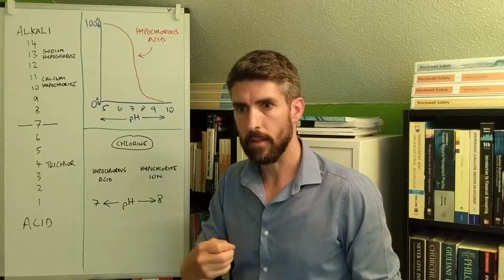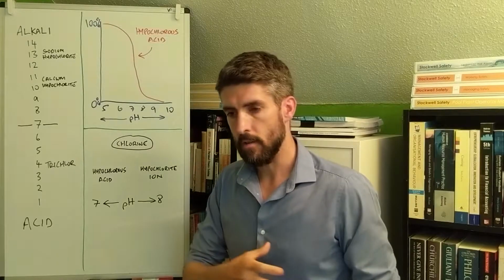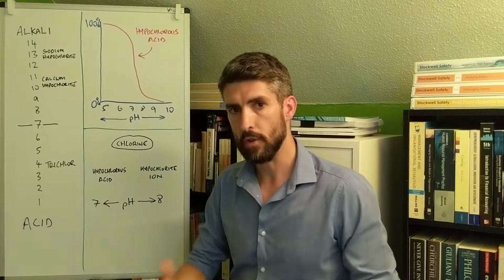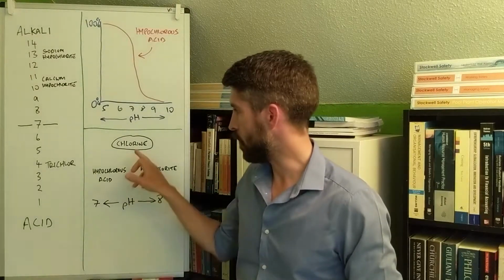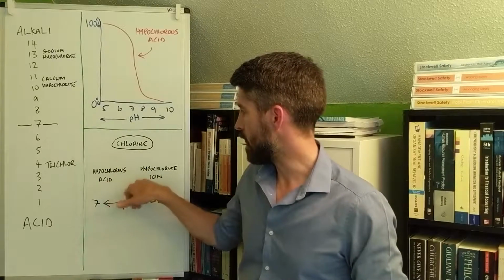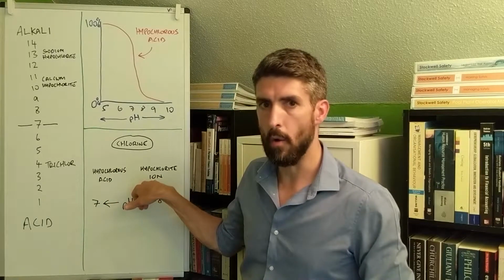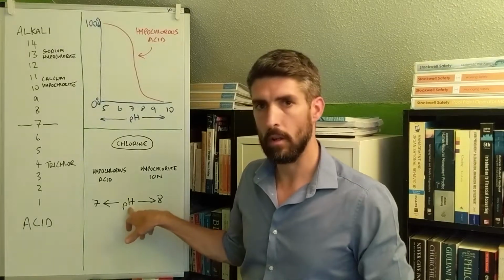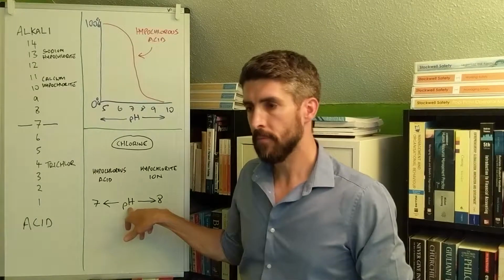It's something that the chlorine creates when it goes into the water and goes through certain chemical reactions. Chlorine creates something called hypochlorous acid and hypochlorite ion in different ratios depending on the level of the pH.